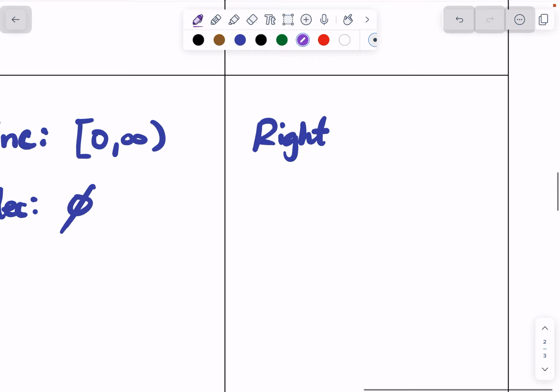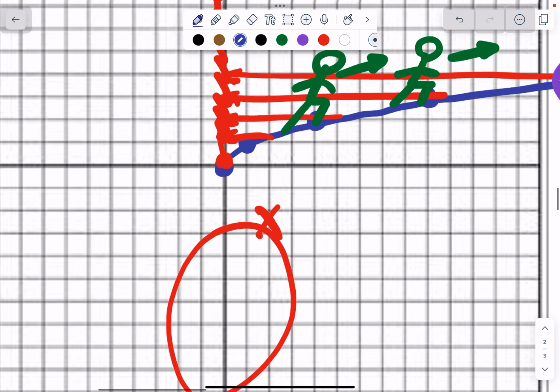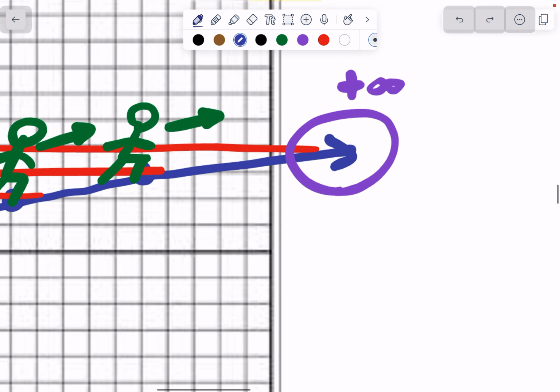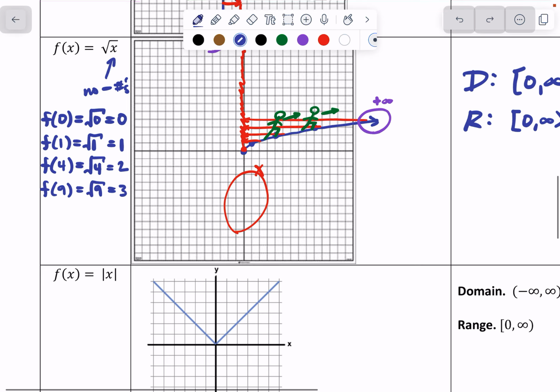So the right end behavior is to positive infinity. The left end behavior doesn't really apply here. So we might say NA, not applicable, because the function essentially disappears on the left side. So there really isn't any left end behavior. When we talk about end behavior, we talk about these arrows that are telling you that the graph continues.